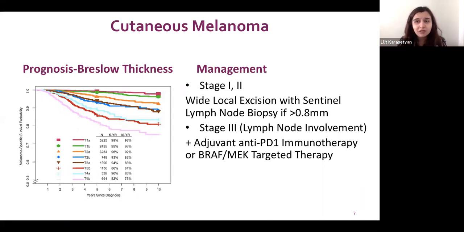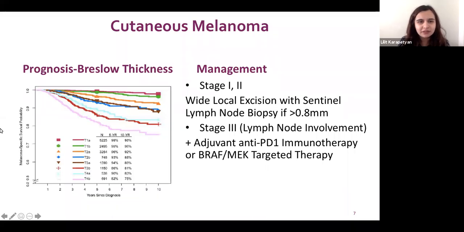Even if your patient doesn't have a palpable lymph node, or on a CT scan, you still can have a sentinel lymph node, meaning the lymph node that is draining that particular melanoma. Imagine why you would do this: if you have lymph node involvement, that upgrades you to stage 3, and that changes your whole management.